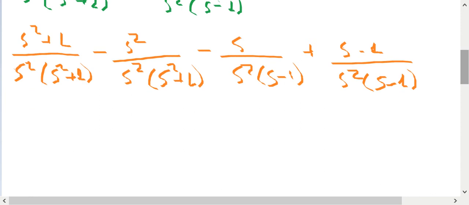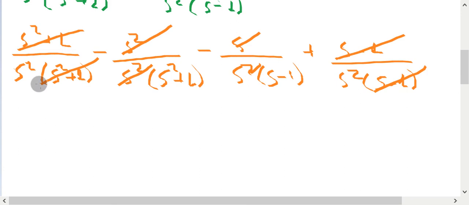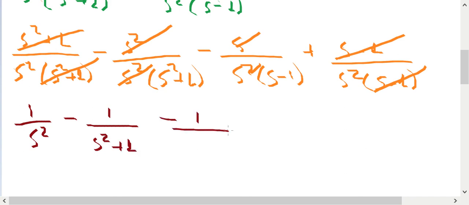As you can see, we can simplify a lot of terms here. So we can rewrite our function as 1 over s squared minus 1 over s squared plus 1 minus 1 over s times s minus 1 plus 1 over s squared.